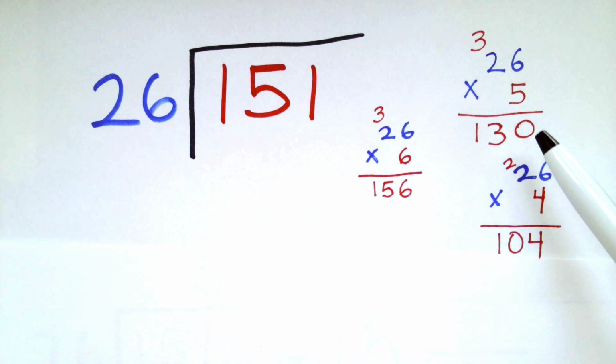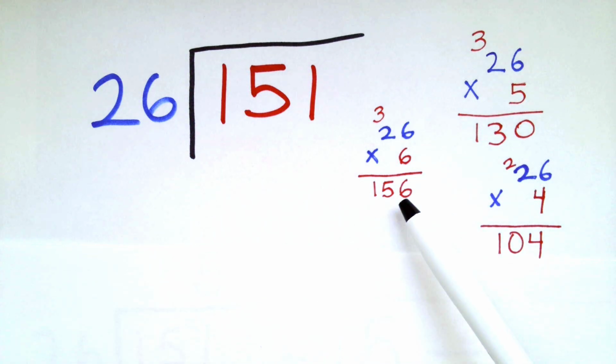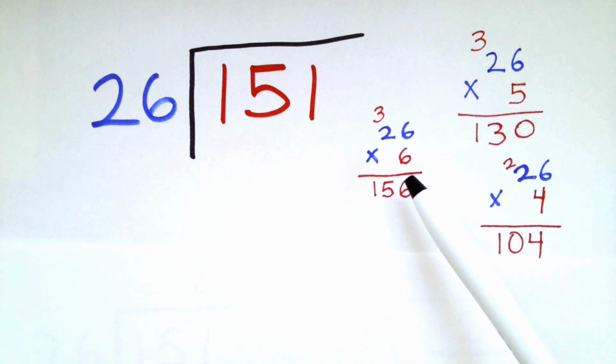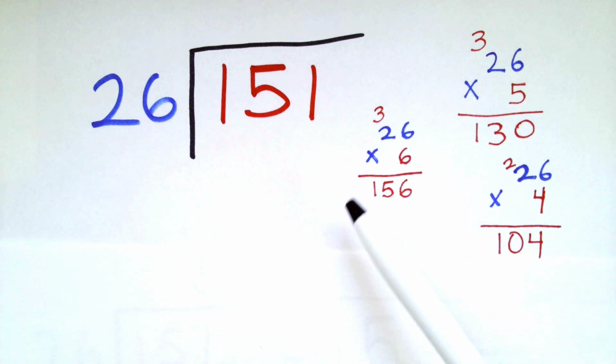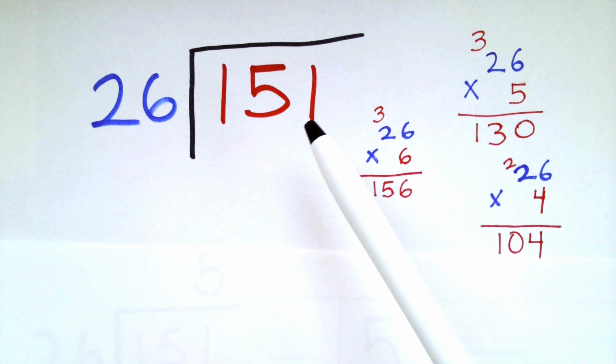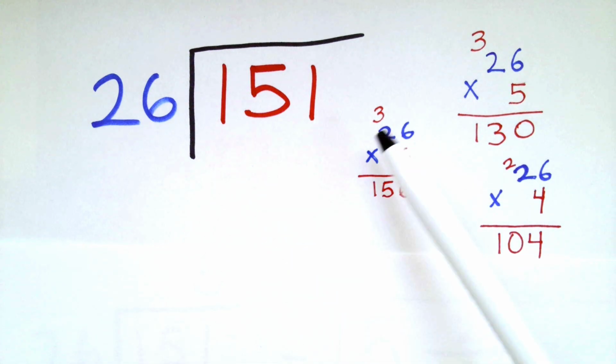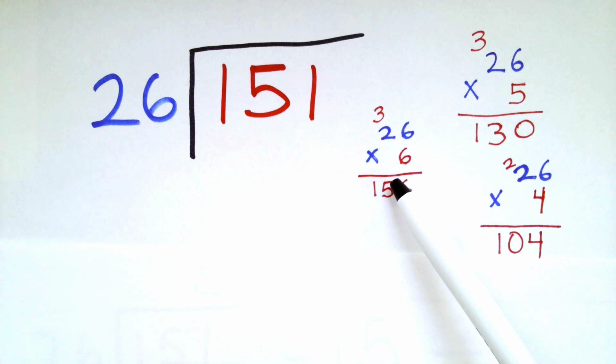So I'm getting closer. Let's see if 6 will work, right? So 6 times 6 is 36. I'll write down my 6. I'll carry the 3. 6 times 2 is 12. Plus 3 more is 15. So 26 times 6 is 156. 156 is larger than 151, so this one will not work.